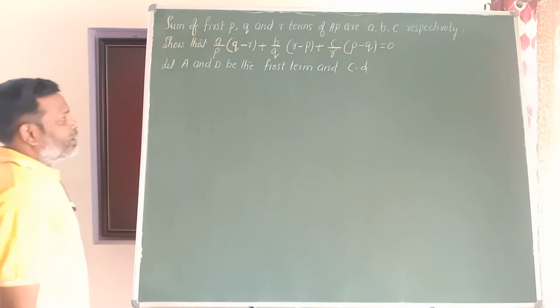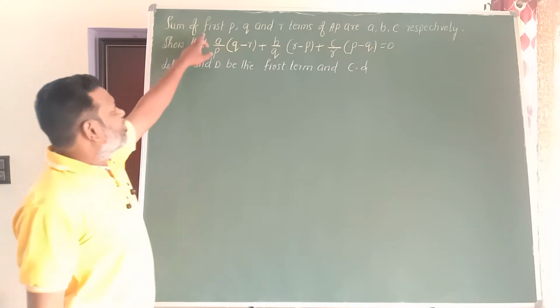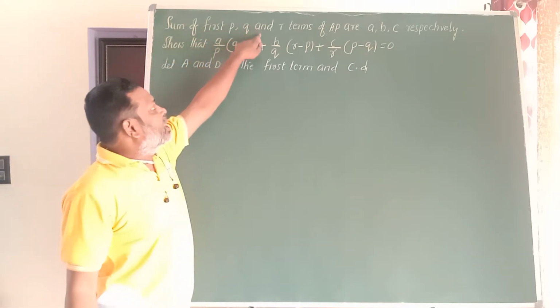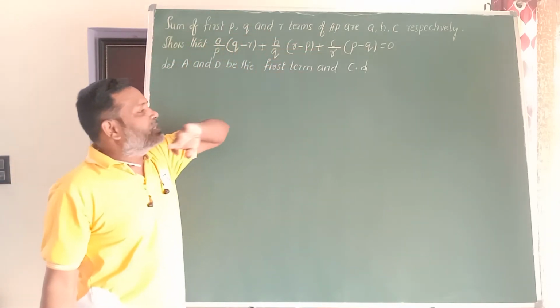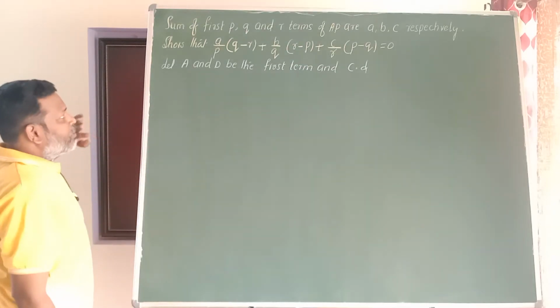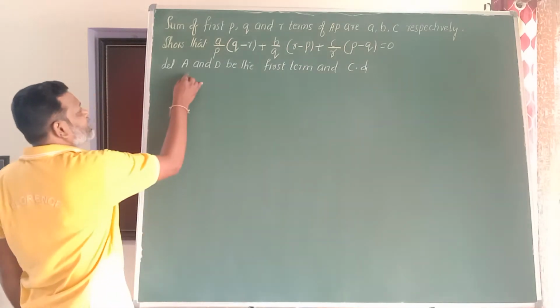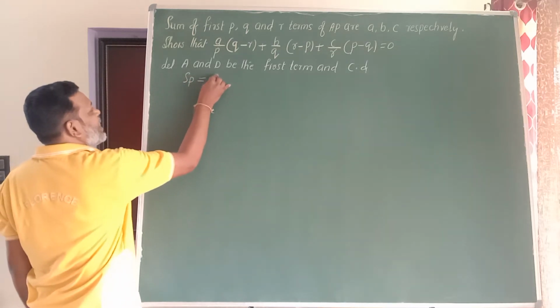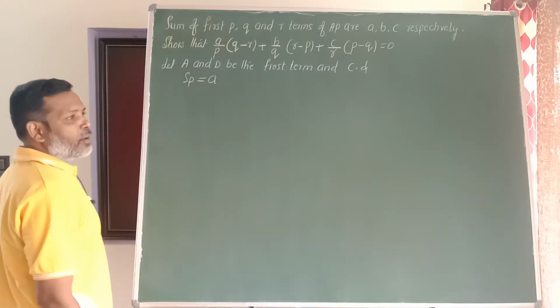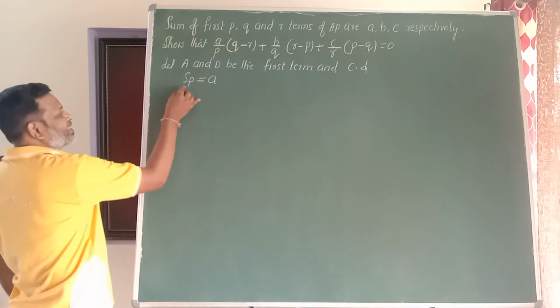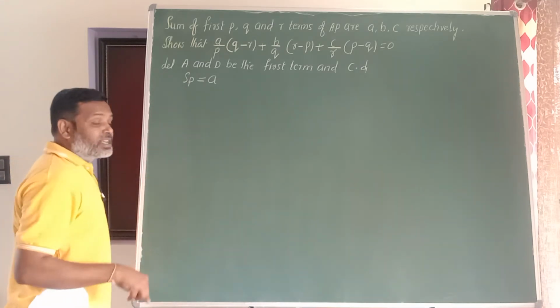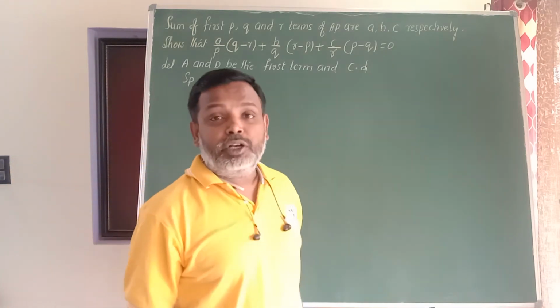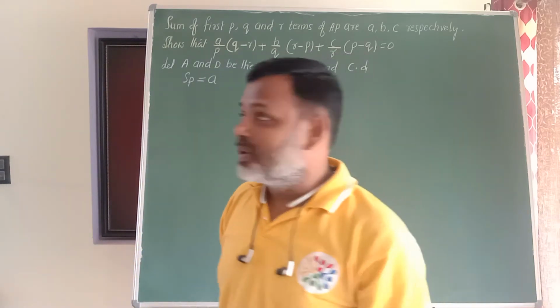Now one by one we can segregate that. The sums of the first P, Q and R terms of the AP are a, b, c, as given. The sum of P terms is SP, which is given as a. Sn is given by n by 2 into 2a plus (n minus 1) into d.